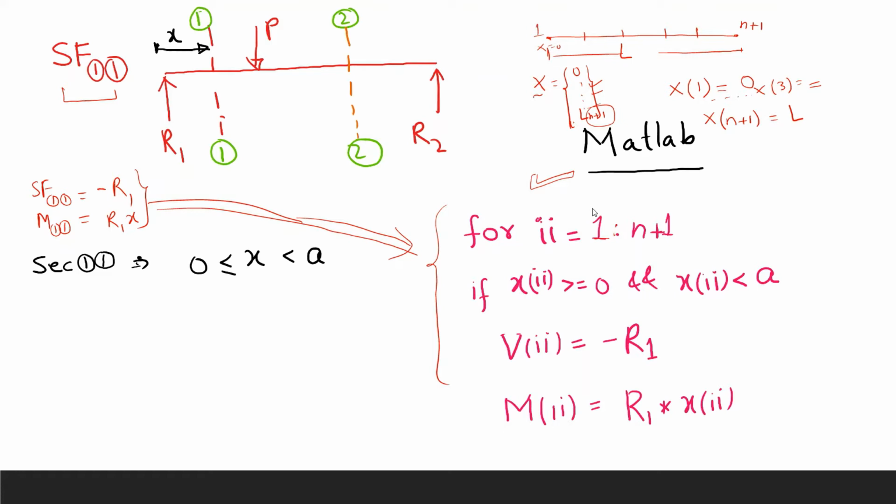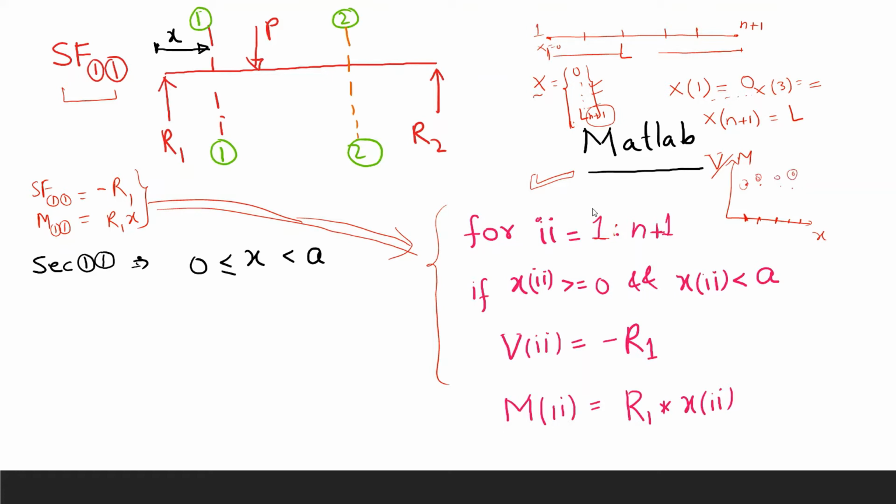For each corresponding x value, if you plot any graph with x and y axis, where y can be the shear force or bending moment, then for each point x we will get the value of V and M. We will get each value of V and M corresponding to each coordinate of x.